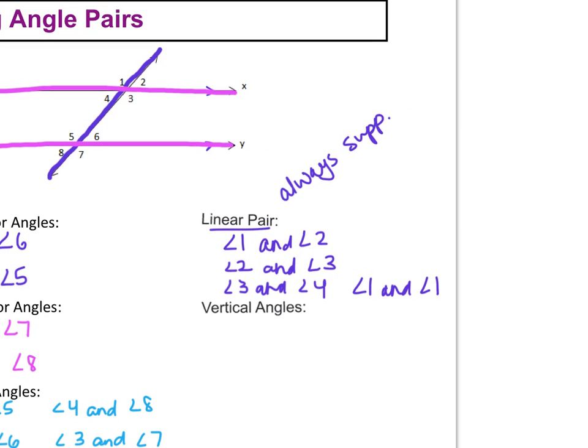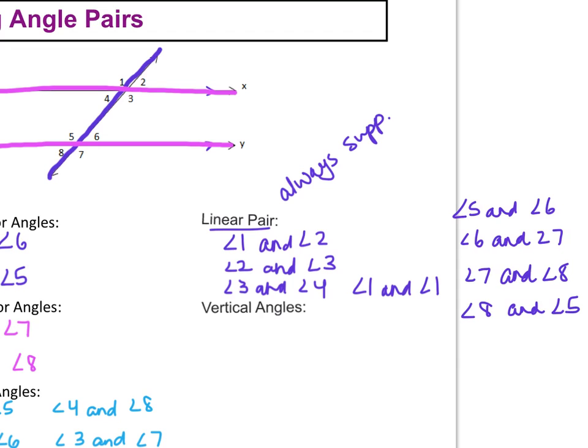So the second grouping, we would say, angle 5 and angle 6 are supplementary and a linear pair. Angle 6 and angle 7. Angle 7 and angle 8. And then angle 8 and angle 5. So those are your linear pairs. You've got 8 of those, kind of a lot.